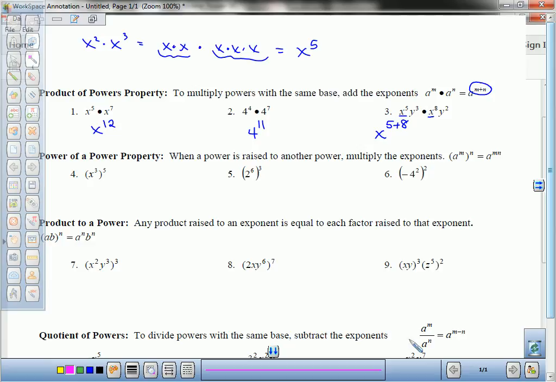Okay, so 3 plus 2 is 5. So this gives us x to the 13th, y to the 5th. Any questions? No.